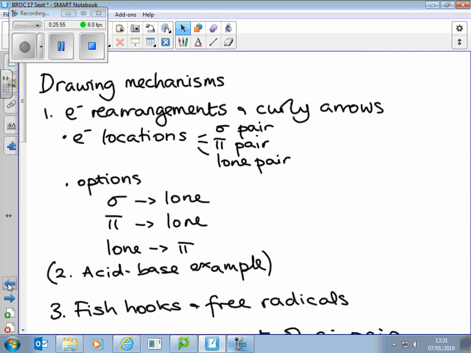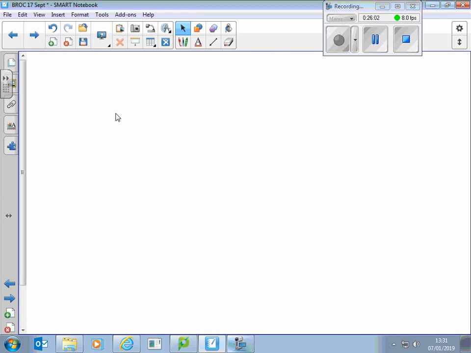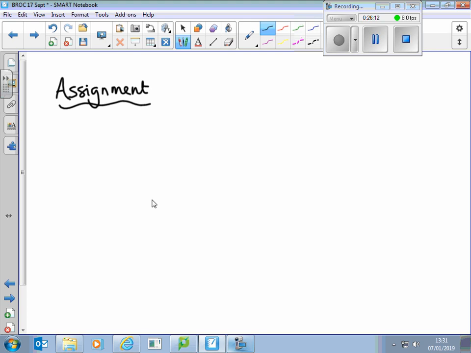Okay, so for the assignment you have part B, 1, is methane and bromine.